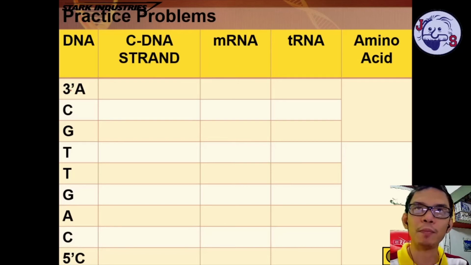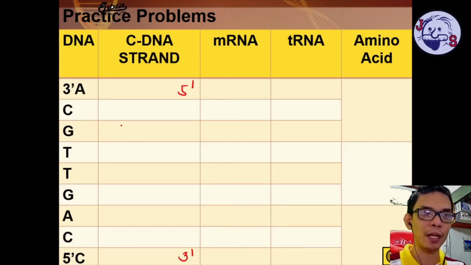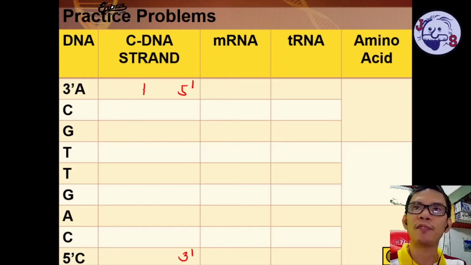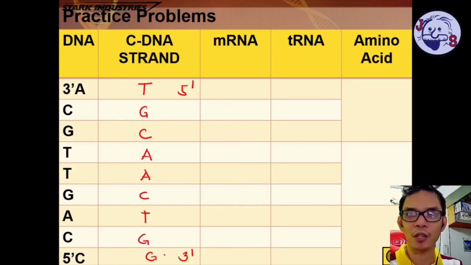If this is 3', the complementary strand should be 5', and if this is 5', the other side should be 3'. So let's put the complementary pairing: we have T, G, C, A, C, then T, G, and G.